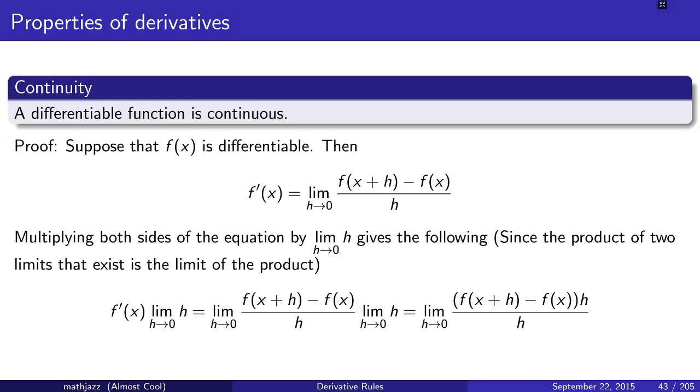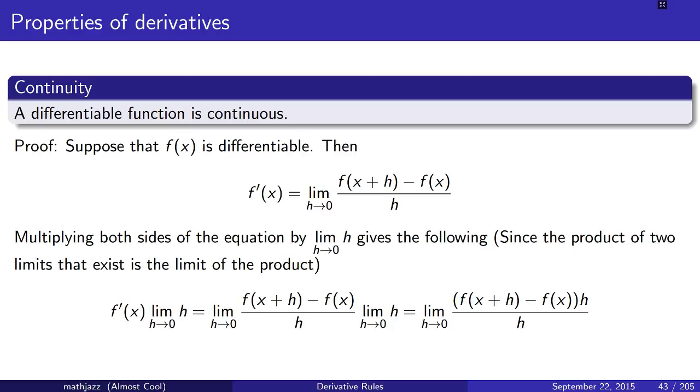Now if we multiply both sides of the equation by the limit as h goes to 0 of h, we get the following expression: f prime of x times the limit as h goes to 0 of h is equal to the limit as h goes to 0 of h times the quantity f of x plus h minus f of x over h.